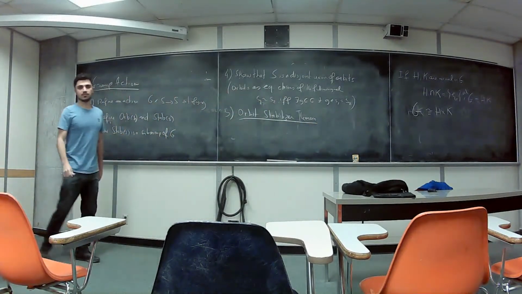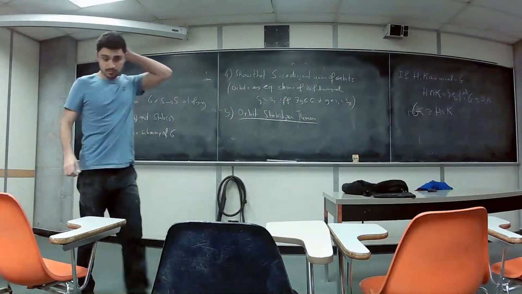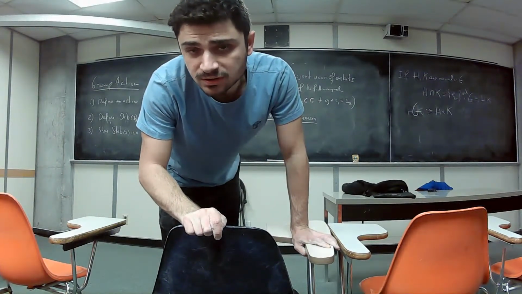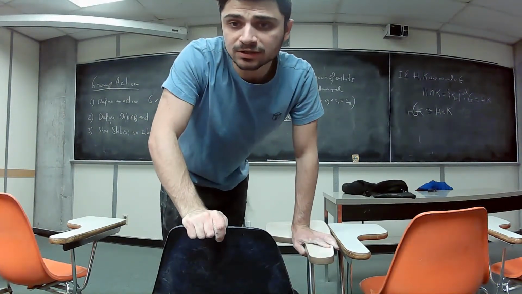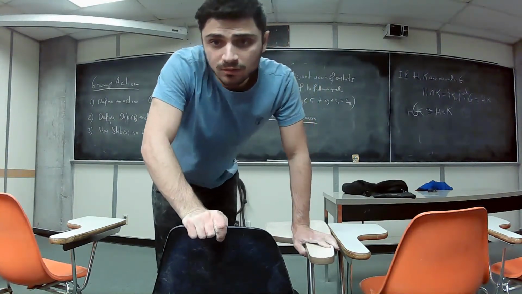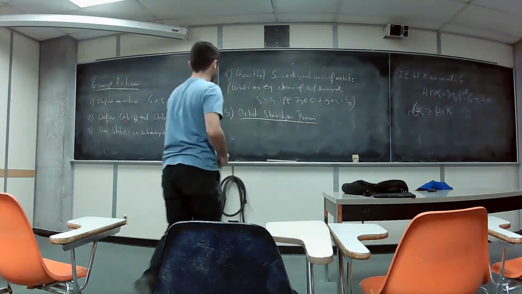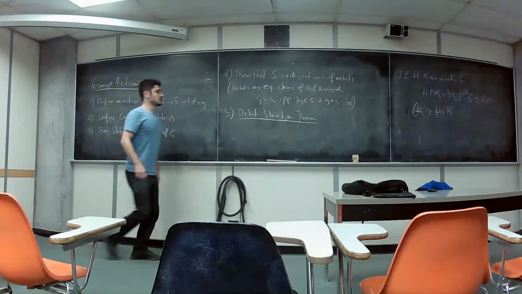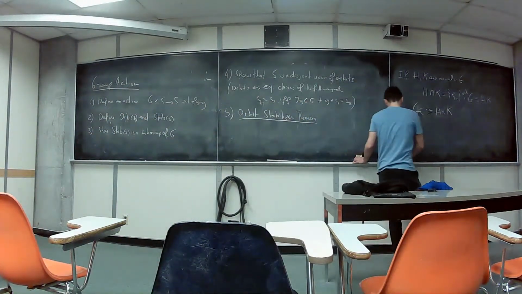Orbit stabilizer theorem. You have to know that. People attending the lecture virtually, no questions? Okay. What is it? You have a bijection from G mod stab S to the orbit.